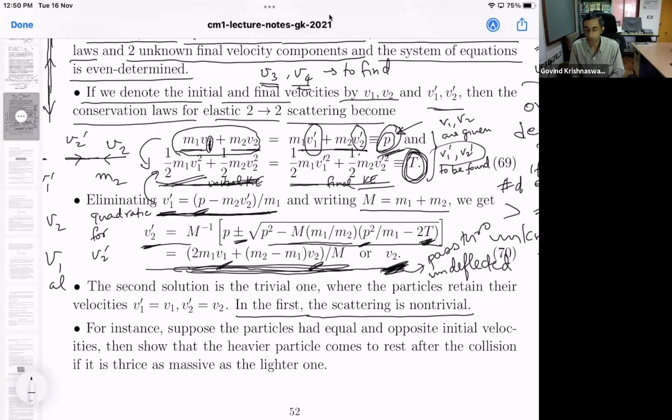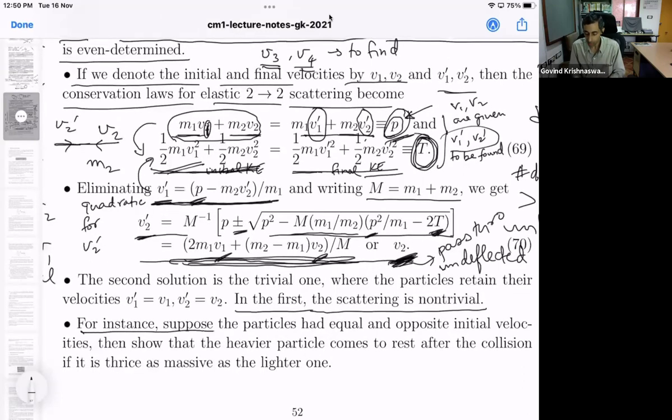Now it turns out, if one asks for some physical phenomenon here, for instance, let us suppose that the particles had equal and opposite initial velocities. Head-on collision, equal and opposite initial velocities. That is, v1 is equal to minus v2.